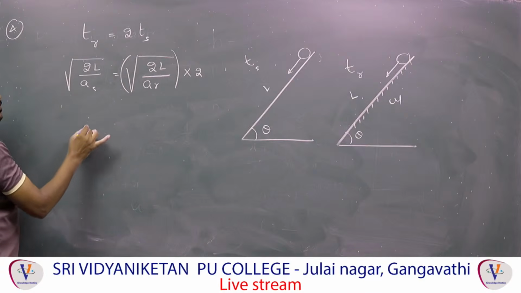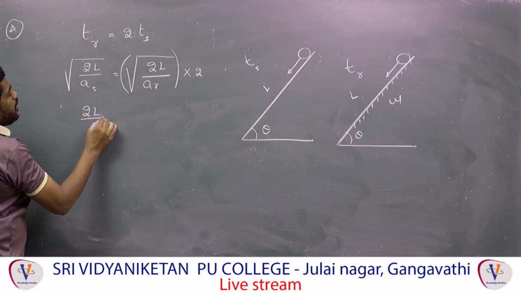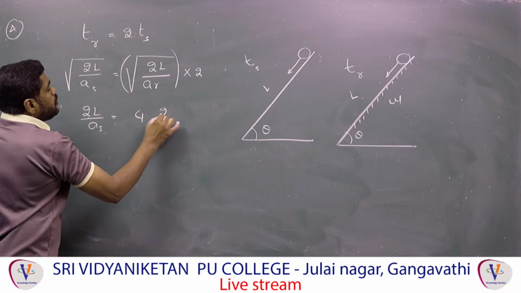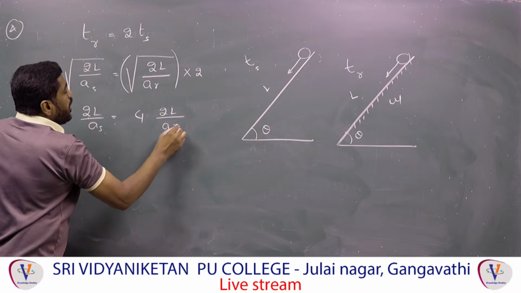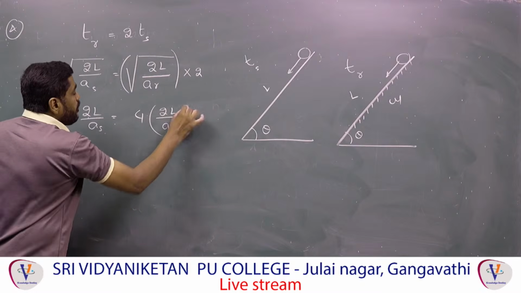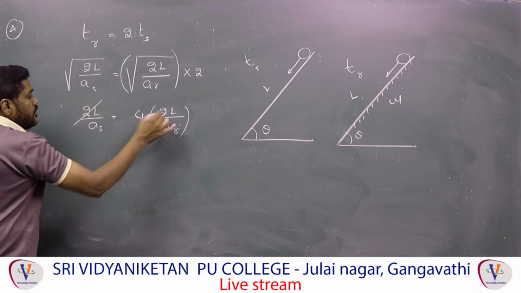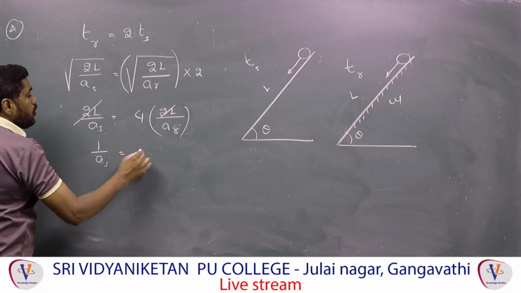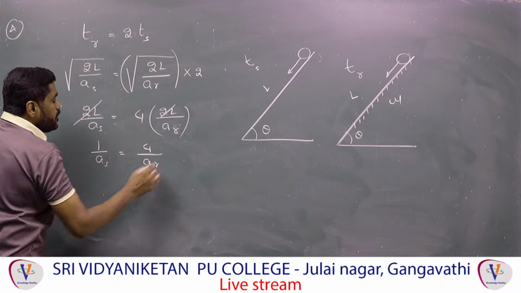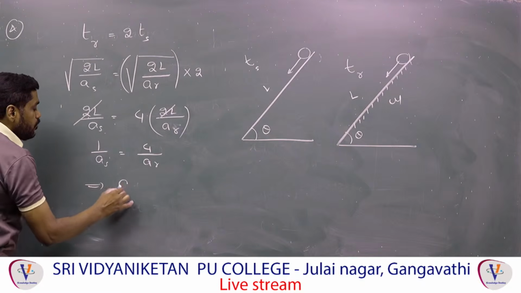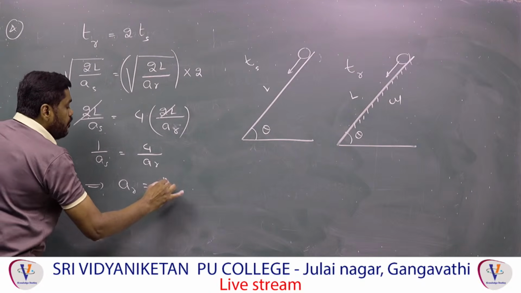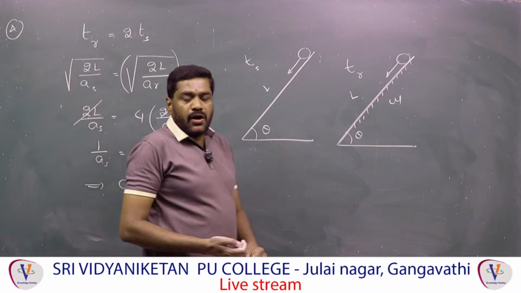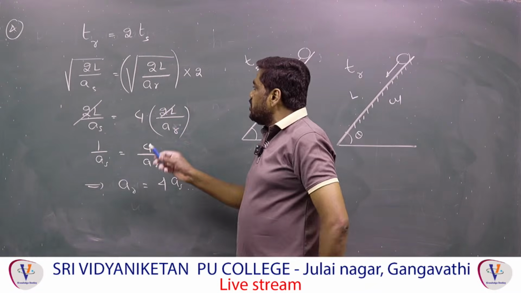If we take the square on both sides, we get 2L by AS is equal to 4 into 2L by AR. The 2L cancel, so 1 by AS is equal to 4 by AR, therefore AR is equal to 4 times AS.